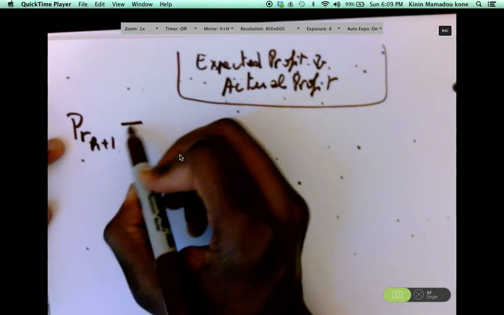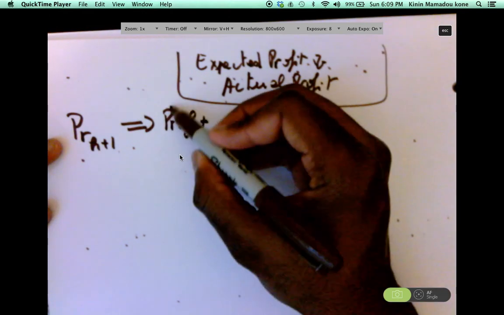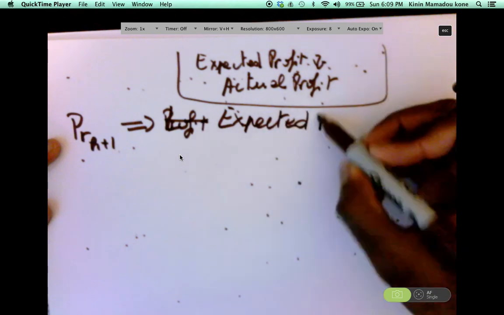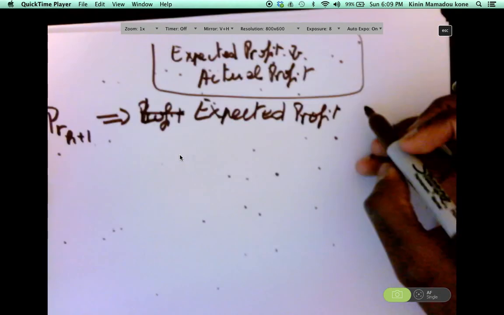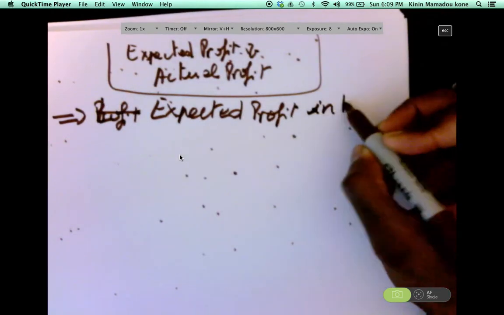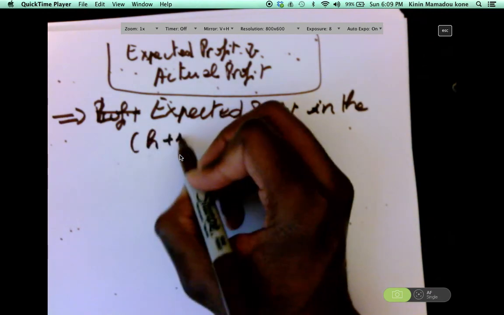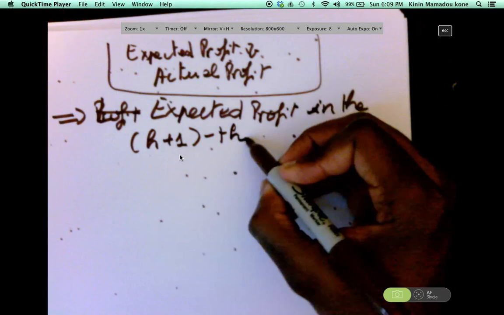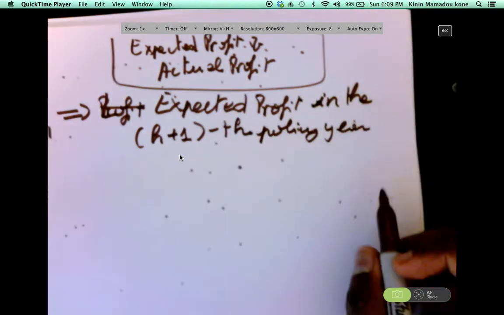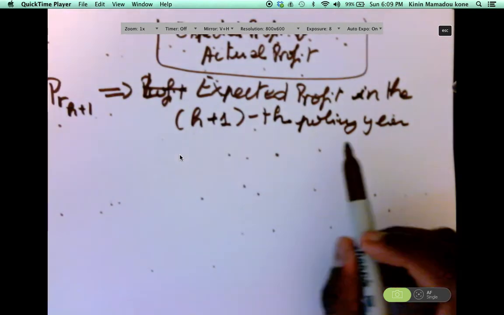It is the expected profit in the (h+1)th policy year.